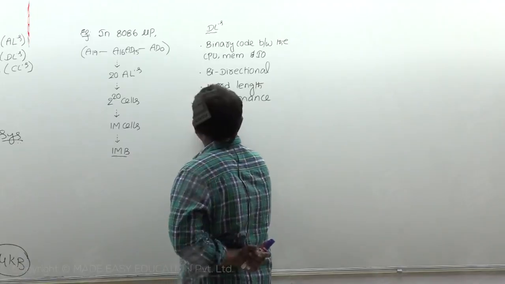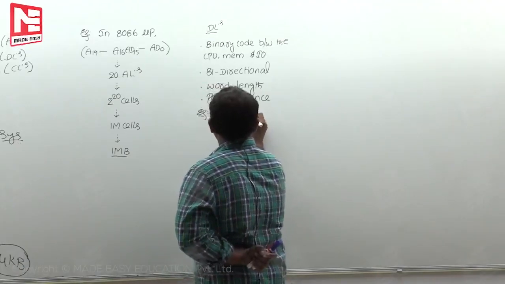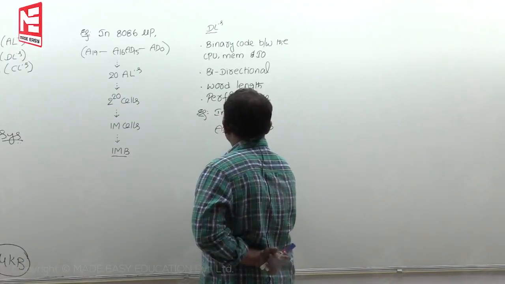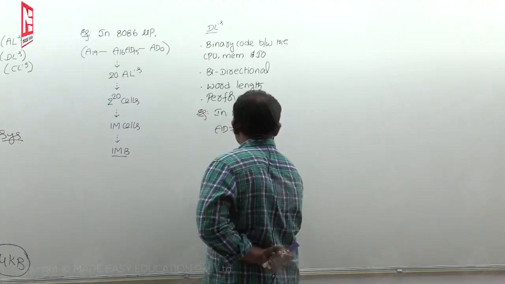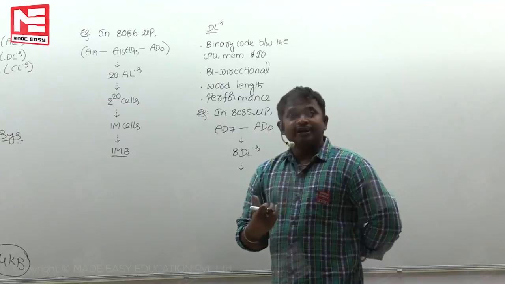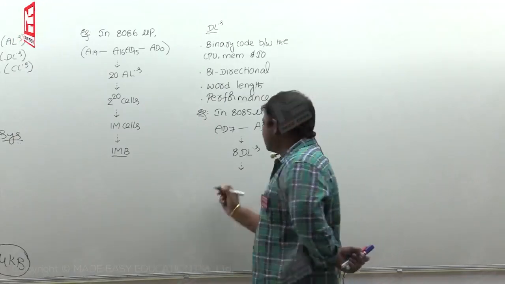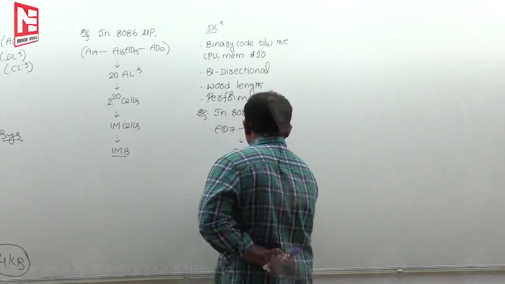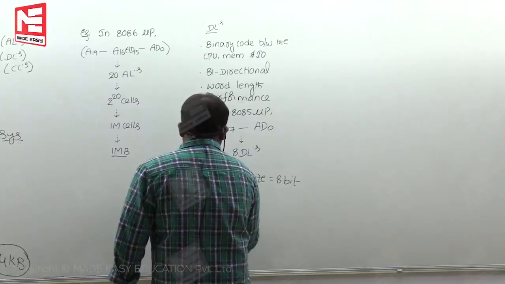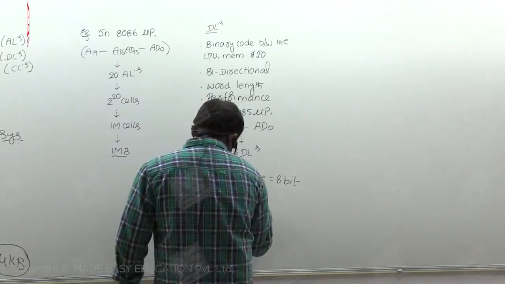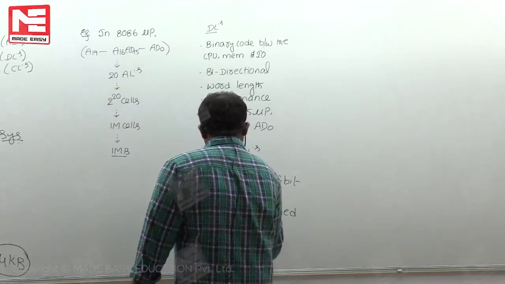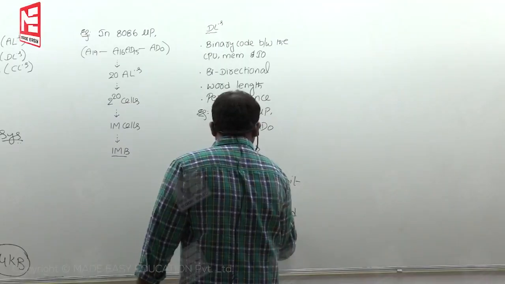For example, in the 8085 microprocessor, AD0 to AD7, total 8 pins are there. Therefore, this microprocessor is capable of performing operations on 8-bit data code. So, word length equals 8-bit. So, operations are performed on 8-bit data code.